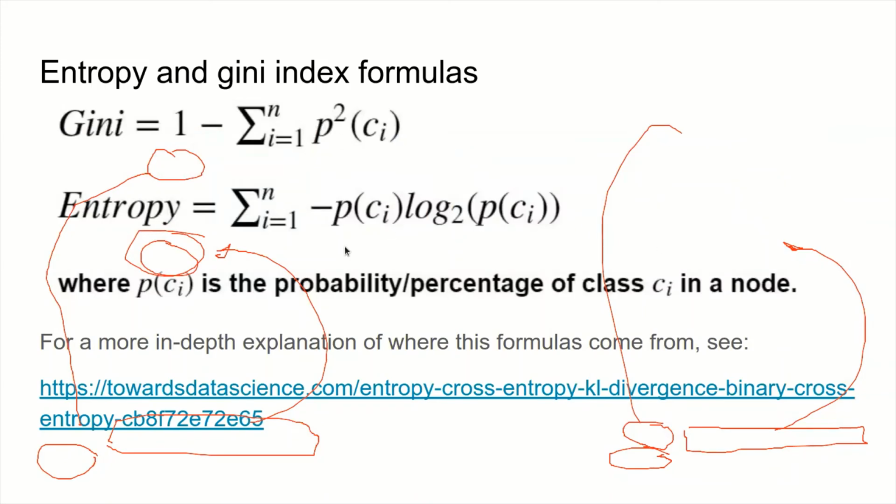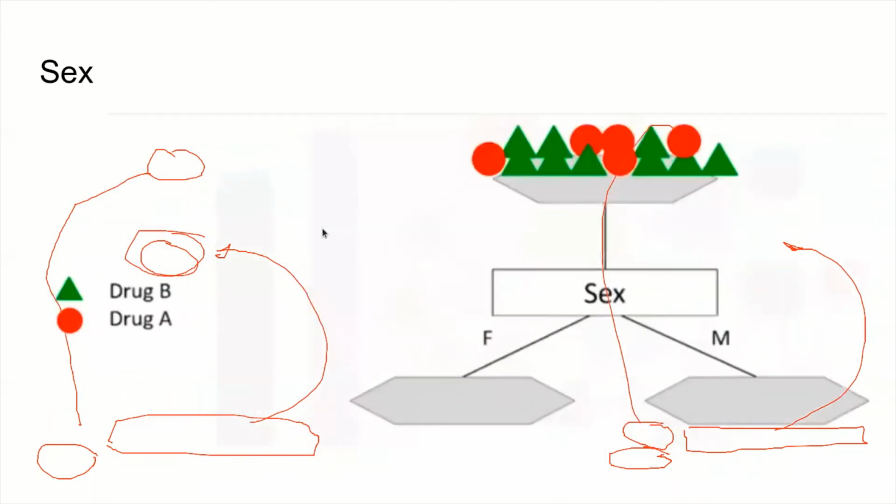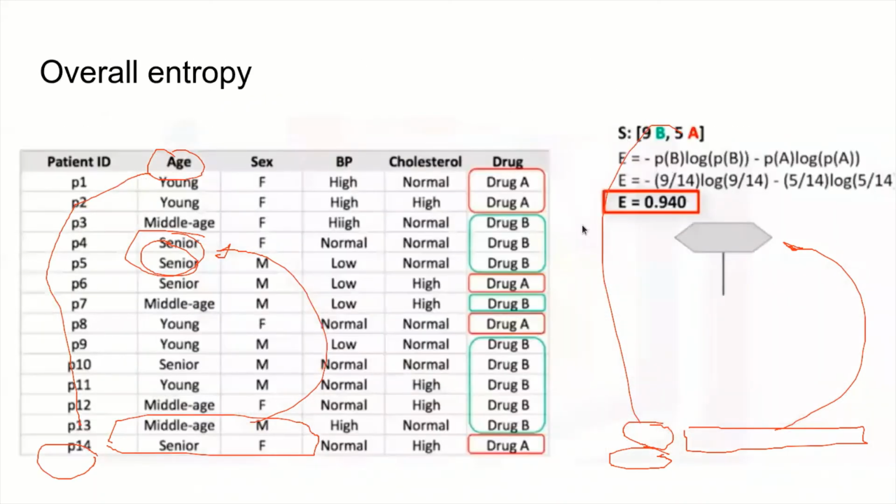So in this case, for example, it would be 1 minus the quantity 9/14 squared plus 5/14 squared. And that will be the Gini index for this case, with no partition.